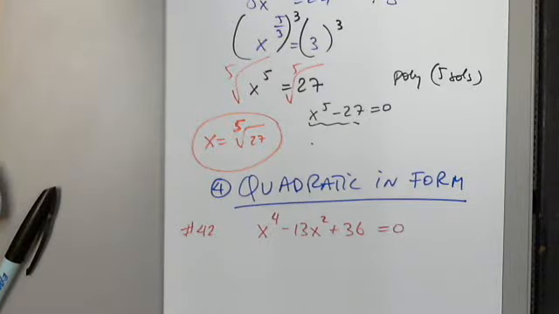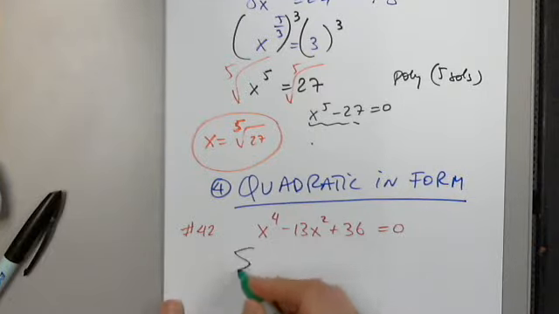It has degree 4, and you will have 4 solutions. So what are you talking about, quadratic in form? Why can't I find those 4 solutions? Well, we could, if we are experienced enough, we could factor this. But at this point, let's say we're not experienced enough. We will use a substitution.